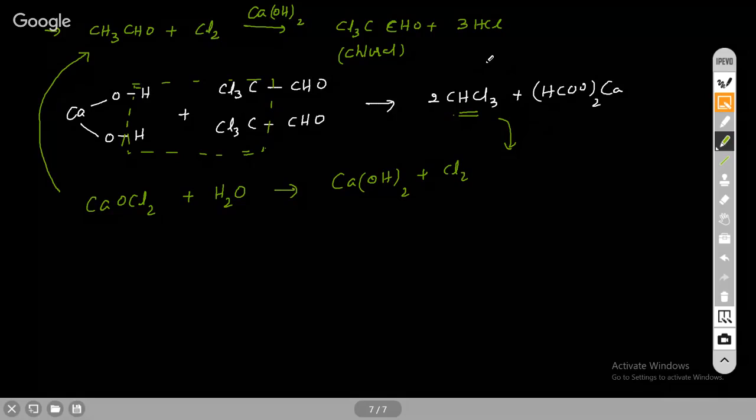Chloroform also we use, but it depends again on when the reaction takes place. So these kind of toxic gases we can always use in chemical warfare for chemical weapons.